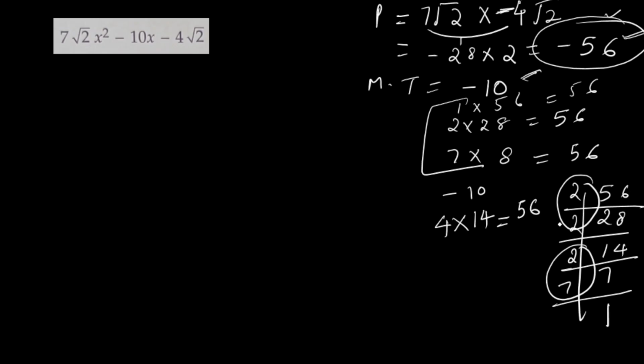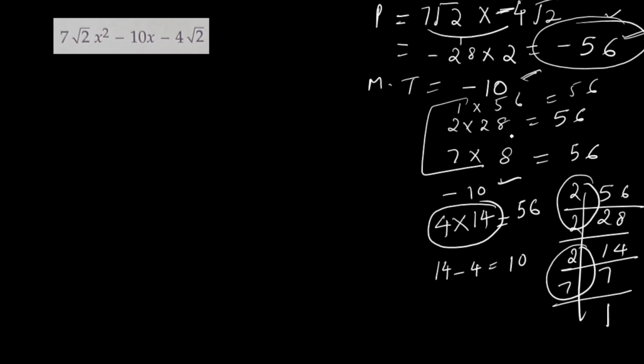Okay, so 4 into 14 is also 56. So we need 10 here, right? How can we get 10? We can get it with the help of these numbers, 4 and 14, because we know 14 minus 4 is equal to 10.